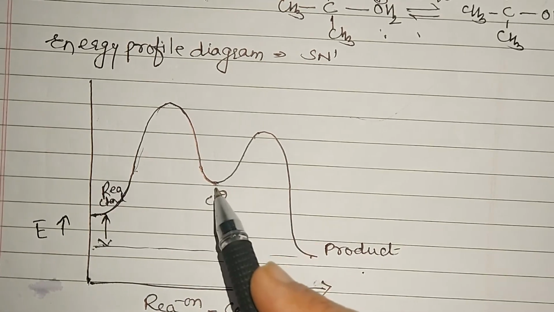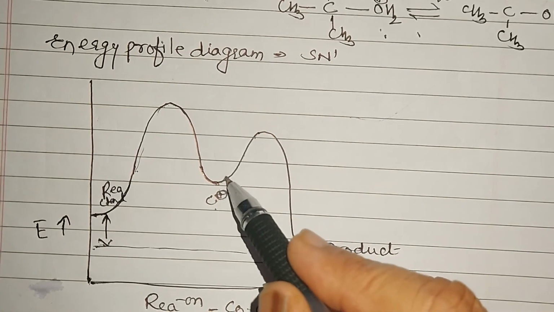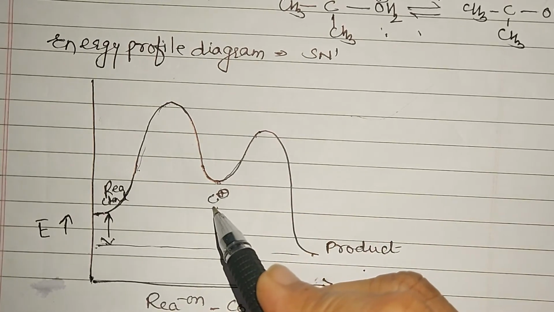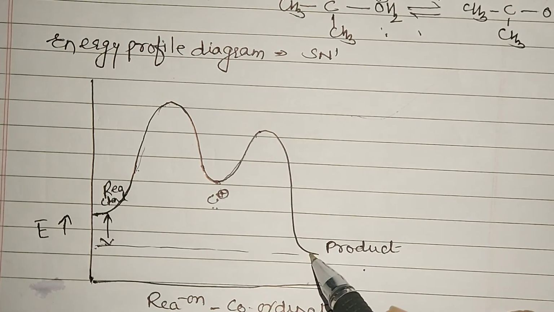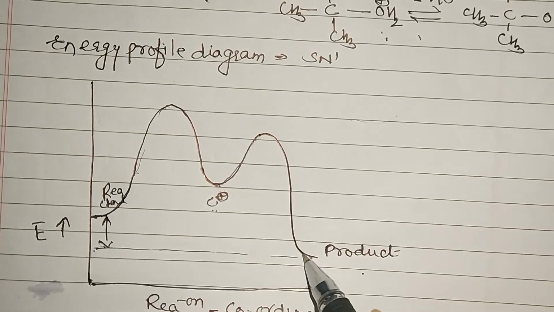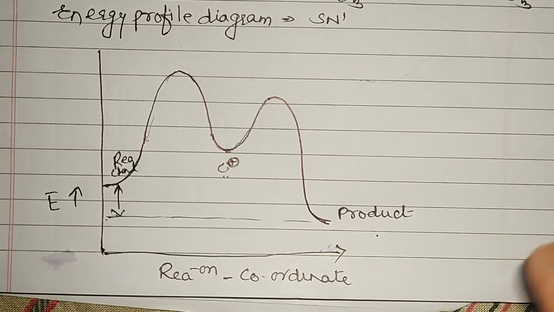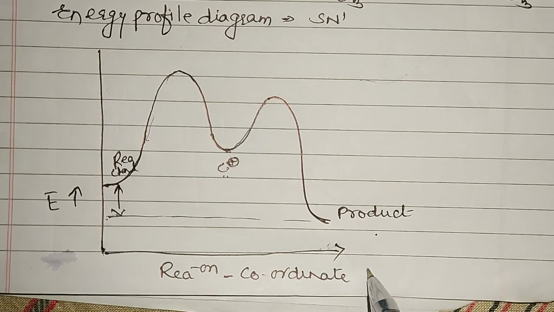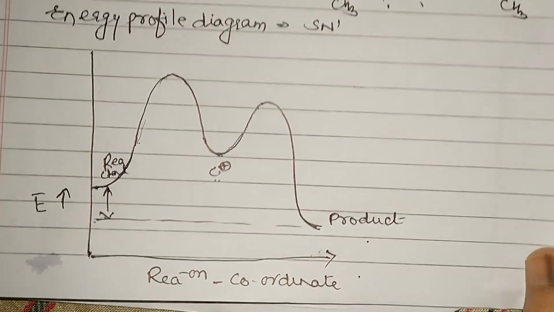After that, when the nucleophile starts to approach the carbocation, then energy will increase because the less crowded state will be converted into a more crowded state, and in this way we see that the product is formed and the reaction is completed. So this is the reaction energy profile diagram of SN2, not SN2, sorry, it is SN1 mechanism.